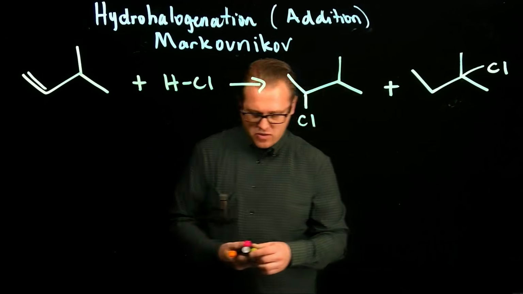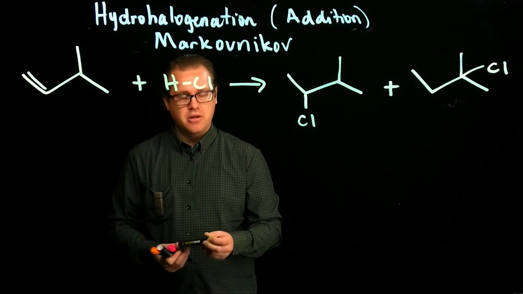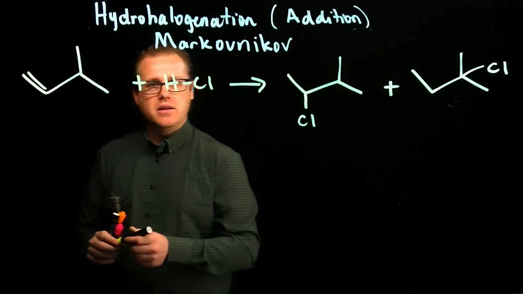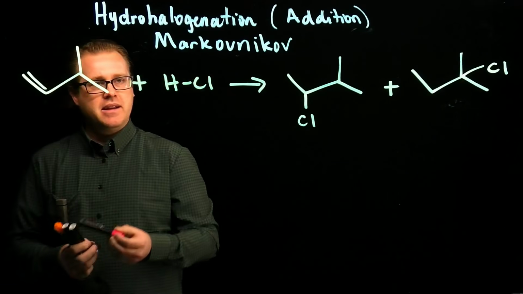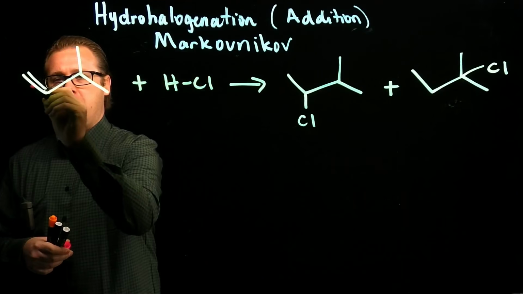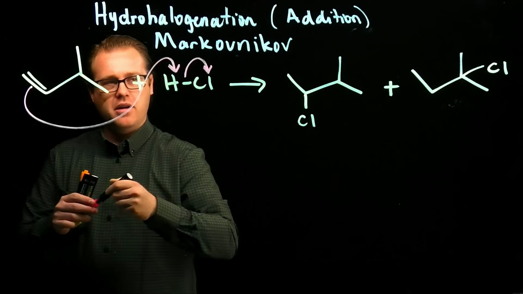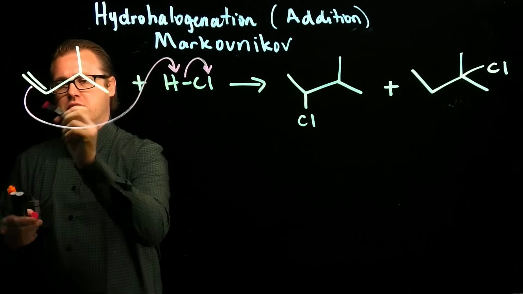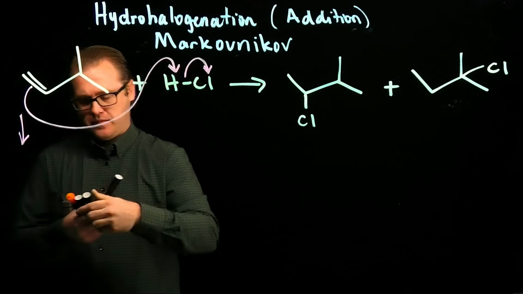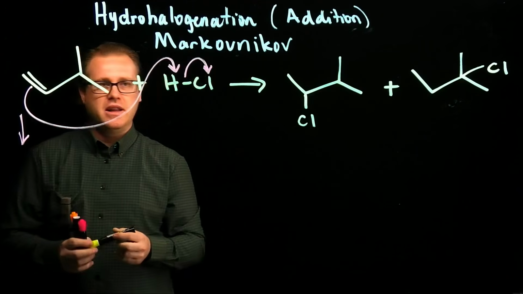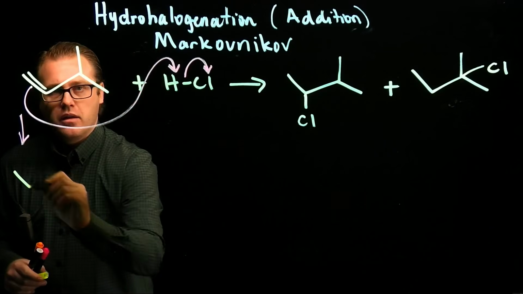And the best way to figure this out is by looking at the mechanism. So what's the first step in the mechanism? The pi electrons from the center of that bond, right there. So we'll start going down this way. So that's our electrophilic addition step.